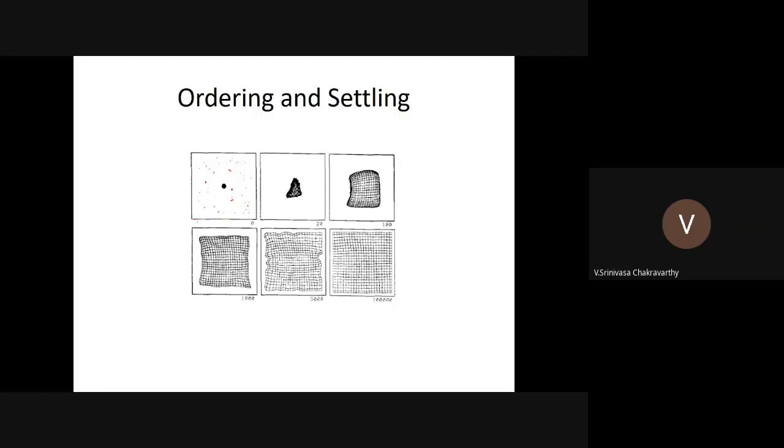And initially, I initialize all the Wijs, or the centroids of all the neurons, randomly, so that they are all very close to the center of this square. So initially they are close to half and half.